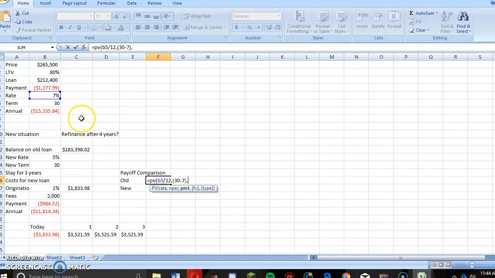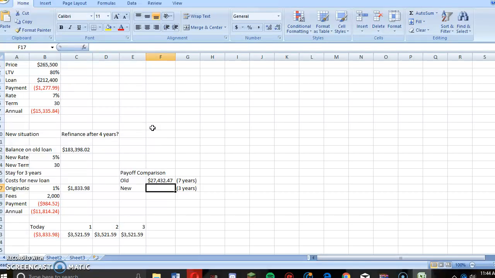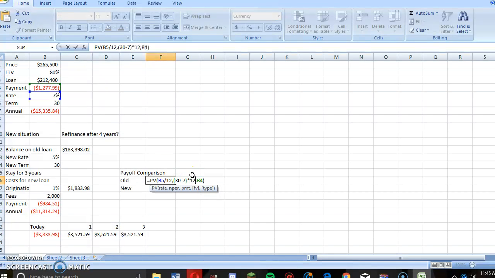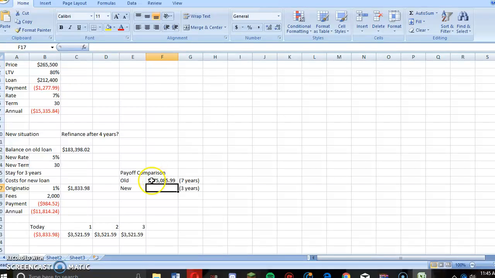And then we want to do the old payment. This would be 4, and then we close the parentheses, and this is going to be the payoff. Okay, and then, just kidding, I need to multiply this by 12. I was wondering why it was so low. Multiply by 12. And then, okay, that's a lot better.